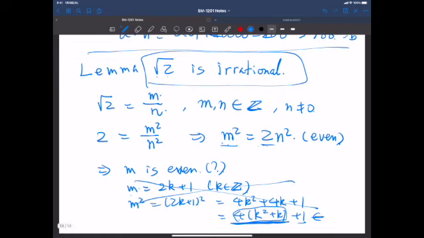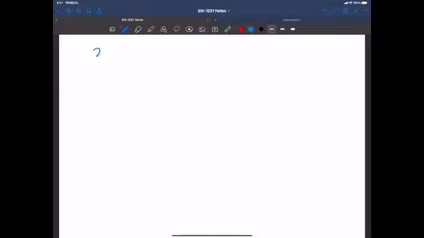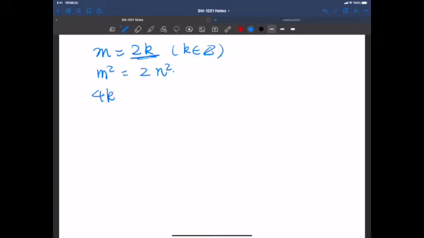So that means m is expressed as 2 times some integer. Okay? But we have this m squared equal to 2n squared. So if we substitute m by 2k, we have 4k squared is equal to 2n squared.